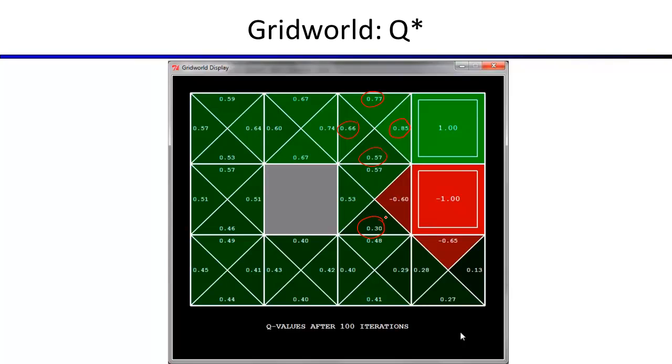What is that encoding? It assumes that at the first time step, you take the action south. Might or might not succeed. If you're unlucky, you move off into the pit. If you're medium unlucky, you move into the wall and stay in place. If you are lucky, is that the action you want to take, you actually 80% of the time land in the square below. At that point, you act optimally.